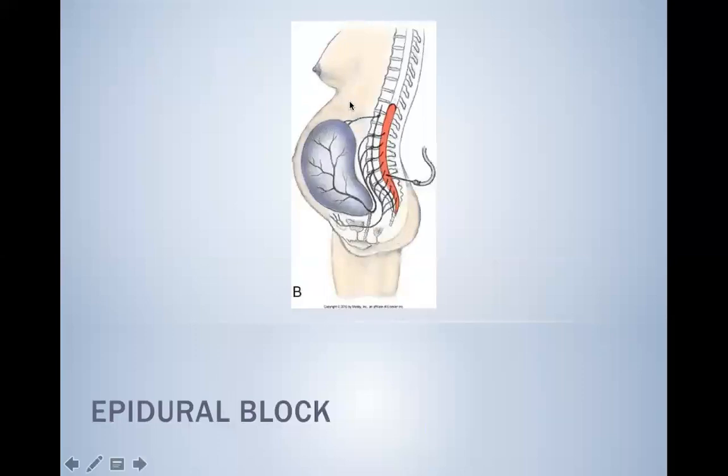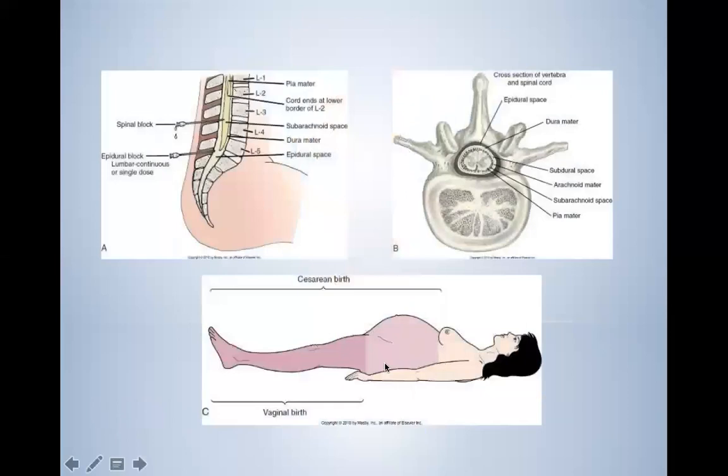But if we could see all of the nerves that are innervating the skin, they would be further up. So we're going to numb the uterus, but the skin isn't necessarily going to be numb. Mom's legs, on the other hand, are going to be numb. With a spinal, we obviously want the skin to be numb because the incision is going to be right about here. So for the cesarean.